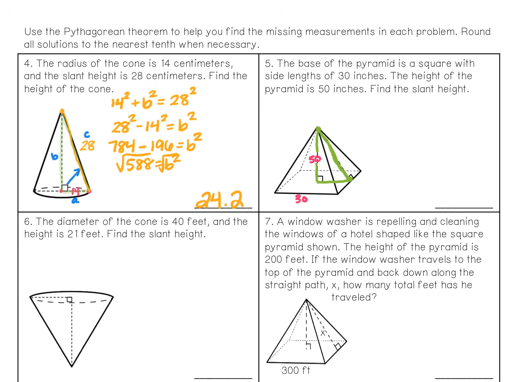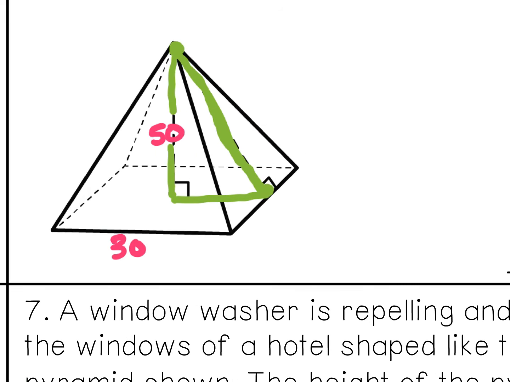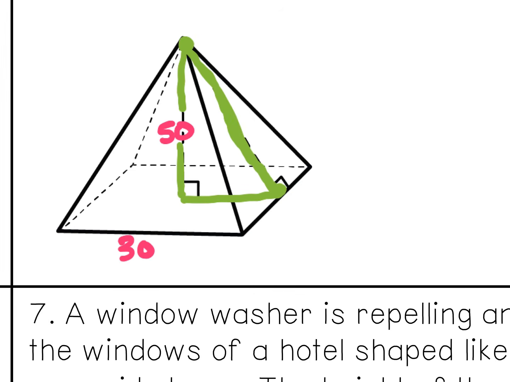Now, if I look closely at this picture, I'm actually missing two lengths. I'm missing the hypotenuse, or the slant height, but I'm also missing this bottom leg. I know that the stretch across the entire side length is 30. The height drops down right in the middle, so I know that this bottom leg has to be 15.